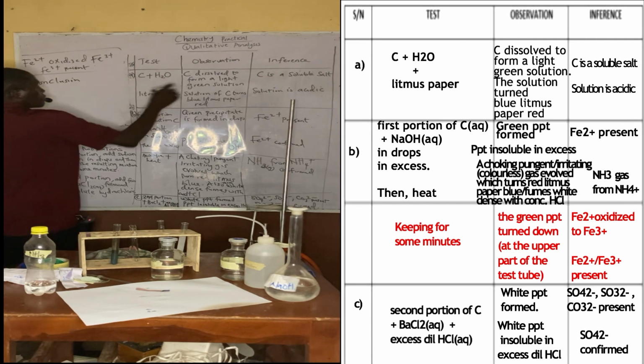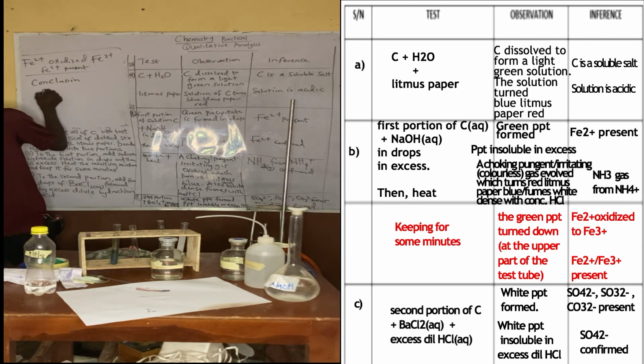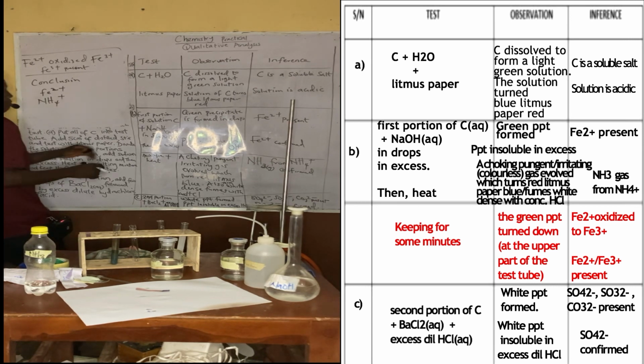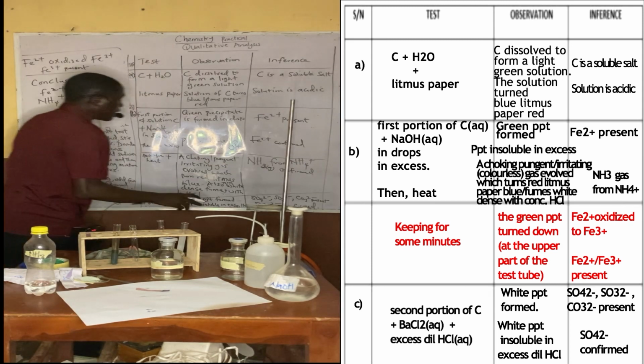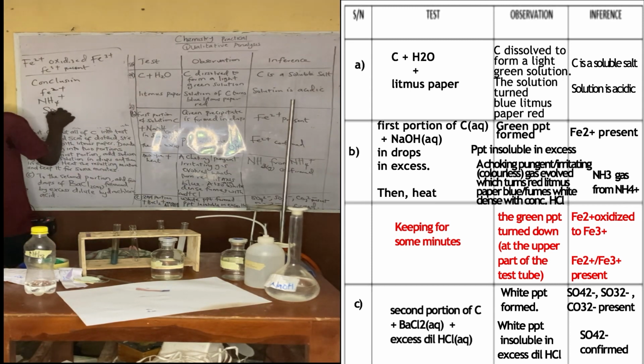So we are able to come to a conclusion now. We get that Fe2+ is confirmed. We also obtain ammonia from ammonium, and then we get SO4 2-.